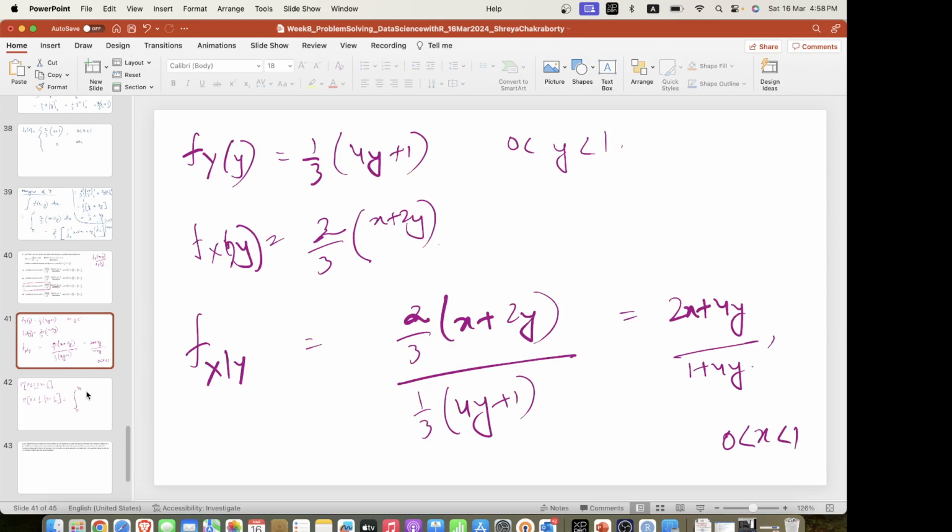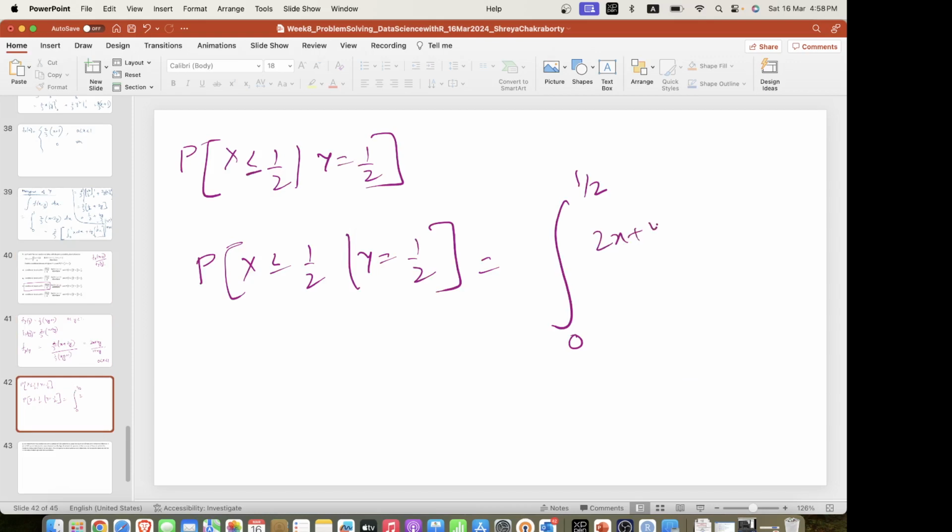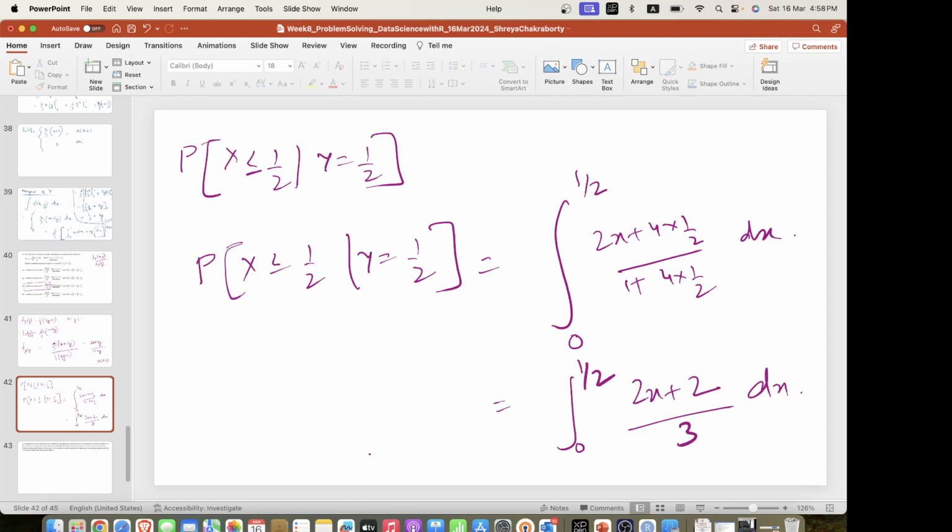Here we will put the values of y. So it is (2x plus 4y) by (1 plus 4y), that is (2x plus 4 into half) by (1 plus 4 into half) dx. Okay, so it will be 0 to half (2x plus 2) by (2 plus 1), as it is 3, dx.